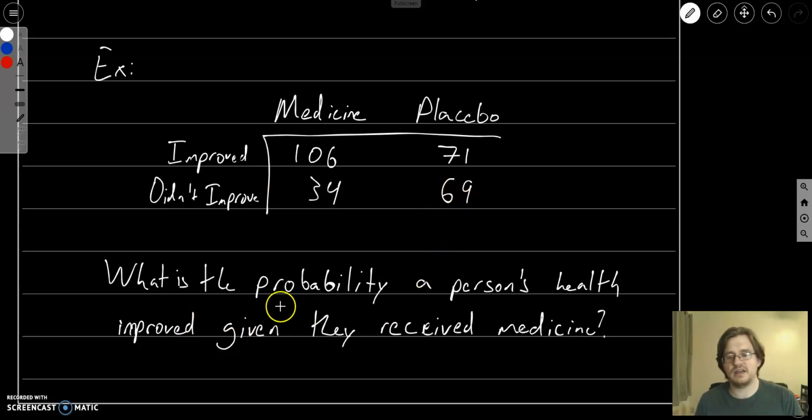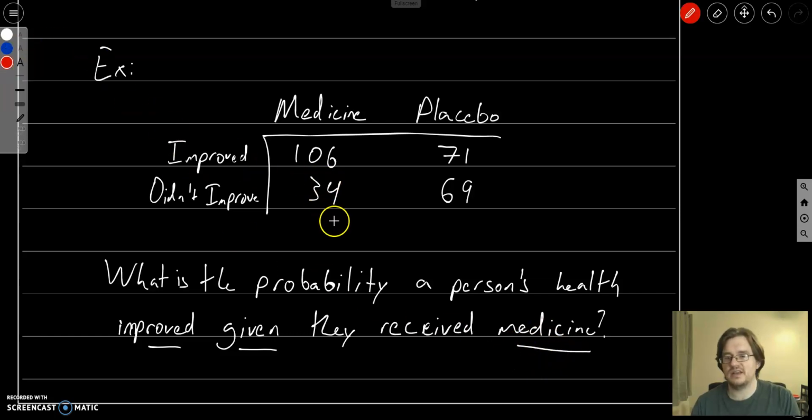So here we're asking, what is the probability that a person's health improved given they received medicine? We want to calculate the probability that a person's health improved, but we're given some information. We're told that they received medicine.